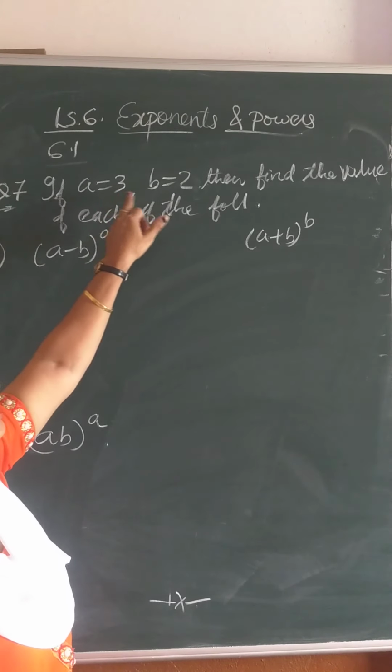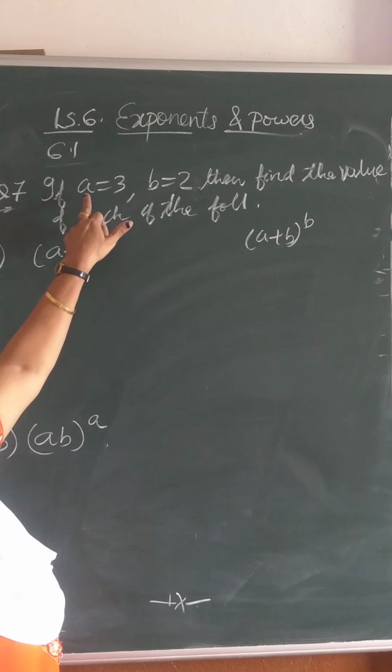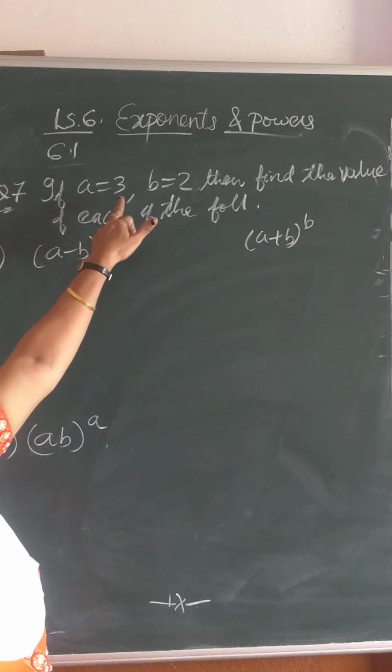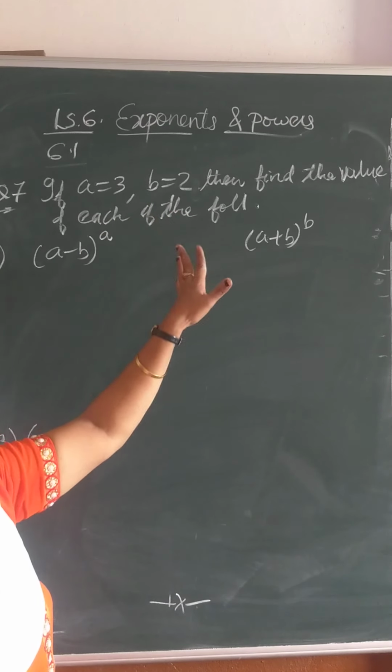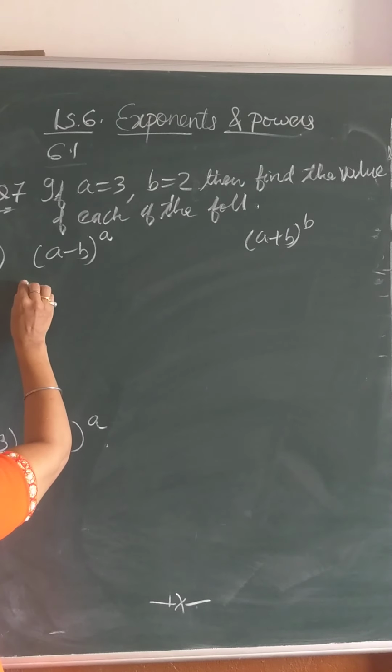If a is equal to 3 and b equals 2, then find the value of each of the following. Meaning in place of a you have to write 3, and in place of b you have to write 2, and then simplify. So this is your first question. Very easy.